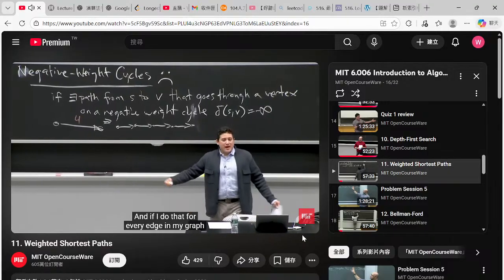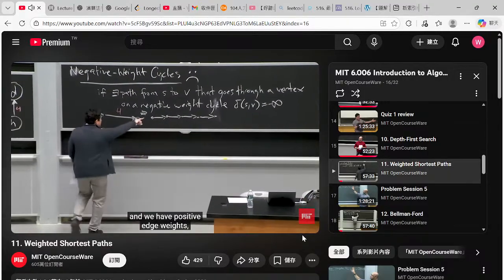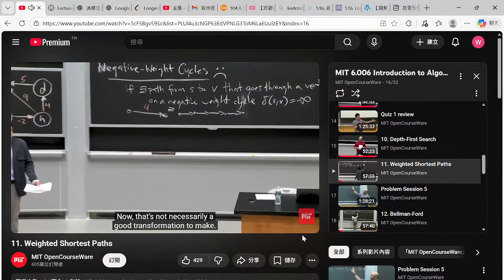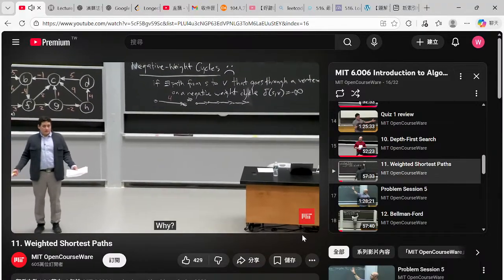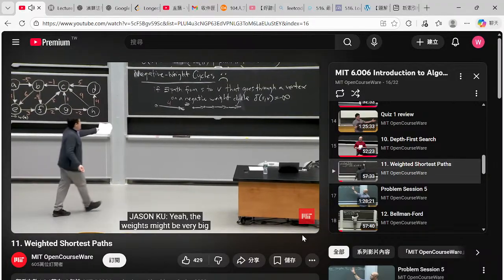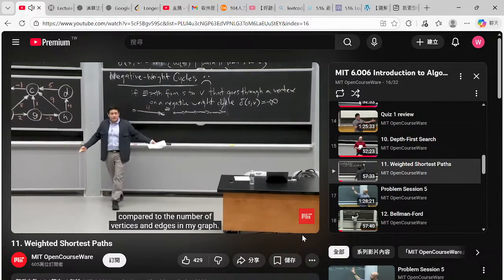And if I do that for every edge in my graph and we have positive edge weights, then that transformation can hold. Now, that's not necessarily a good transformation to make. Why? The weights might be very big compared to the number of vertices and edges in my graph.